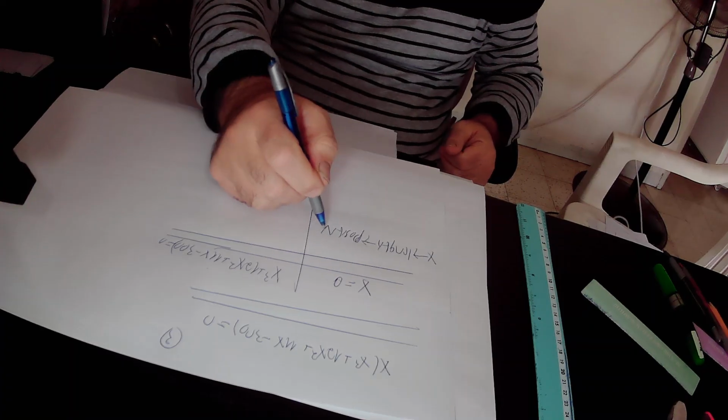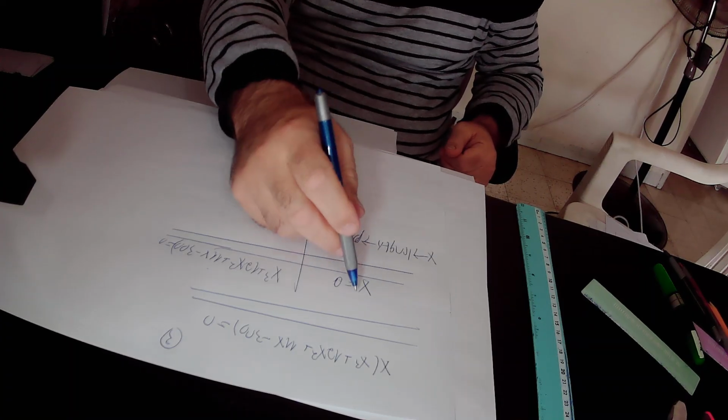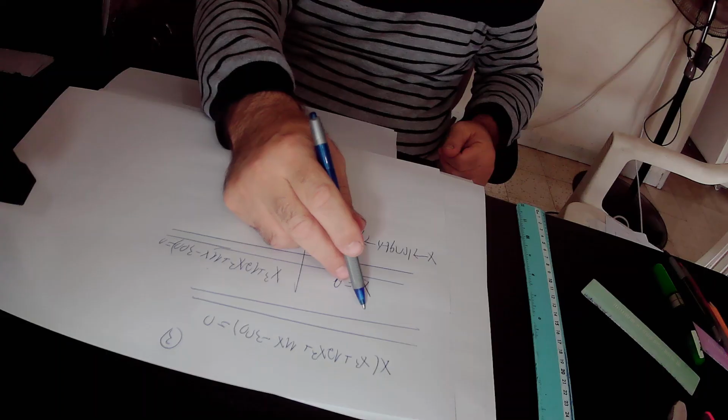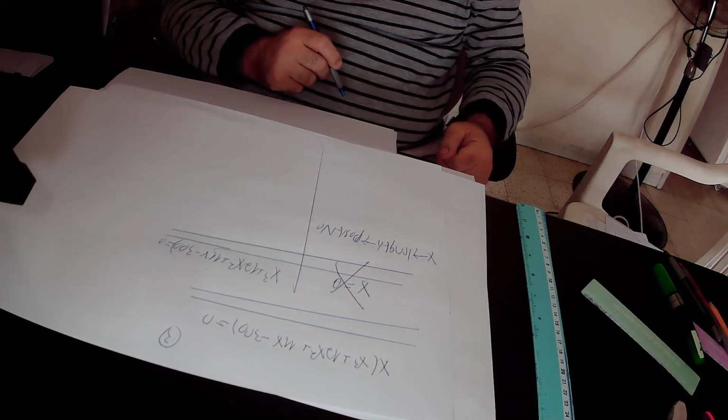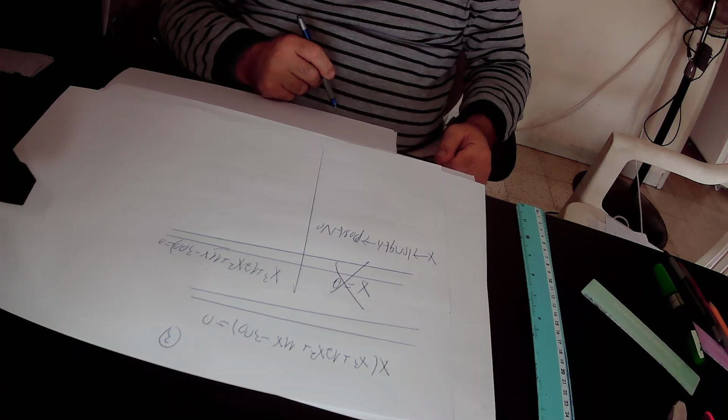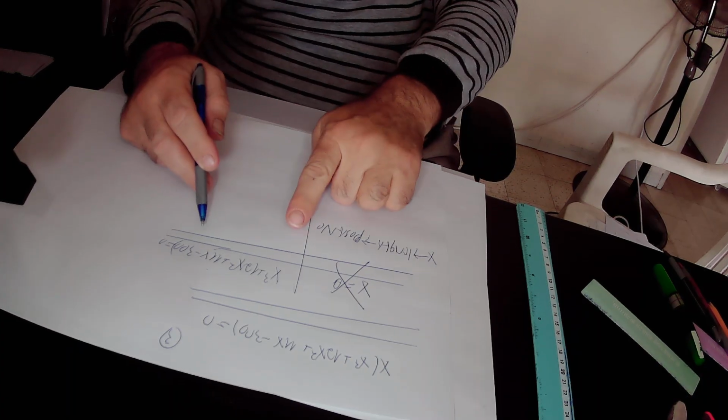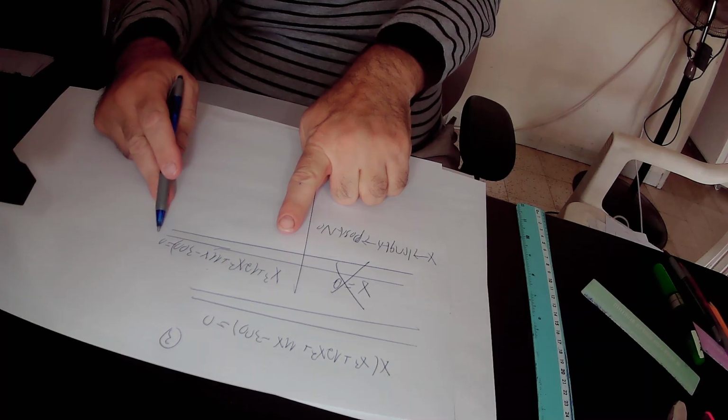Therefore, x can never be equal to 0, that is not a positive number. x must be a positive number. The second solution for x is this expression equals 0.